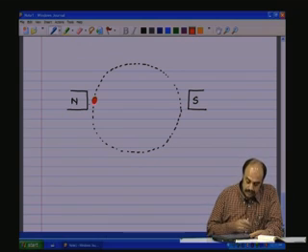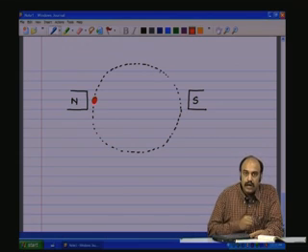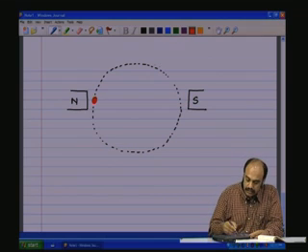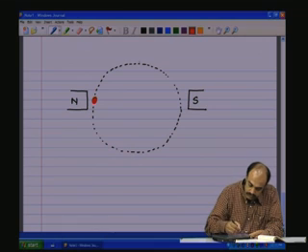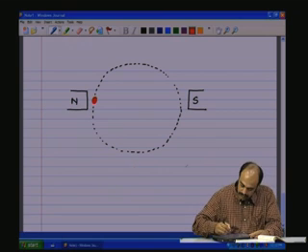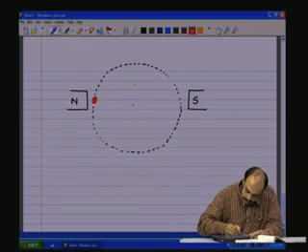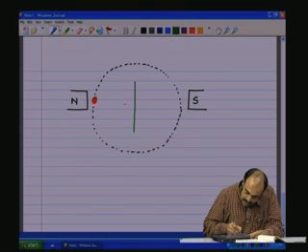Now, let us see the current through the conductor as it is moving along this field here. So, as it moves, let us also take the position, consider an imaginary, now let me draw with a different color, consider an imaginary xy axis.